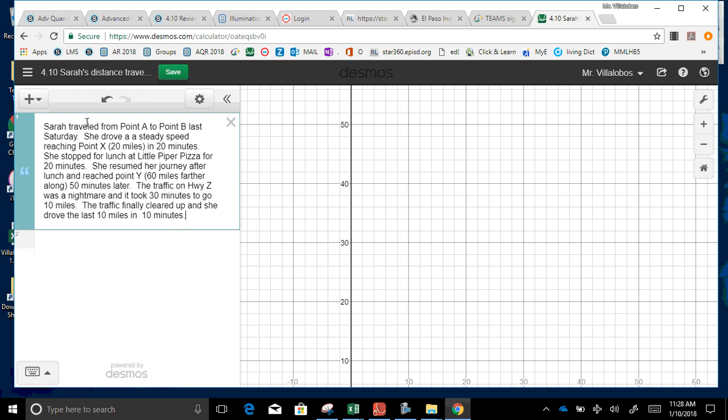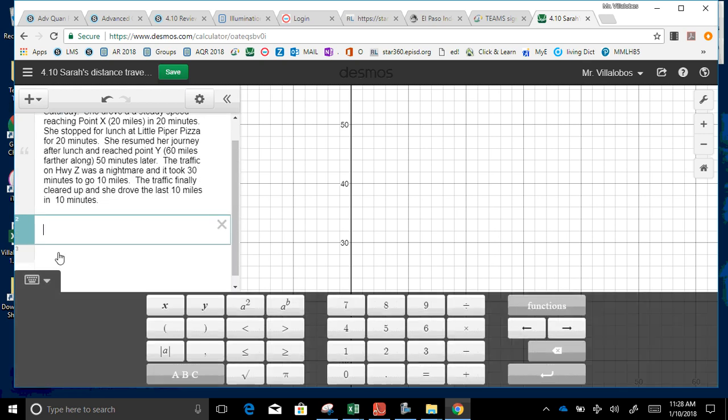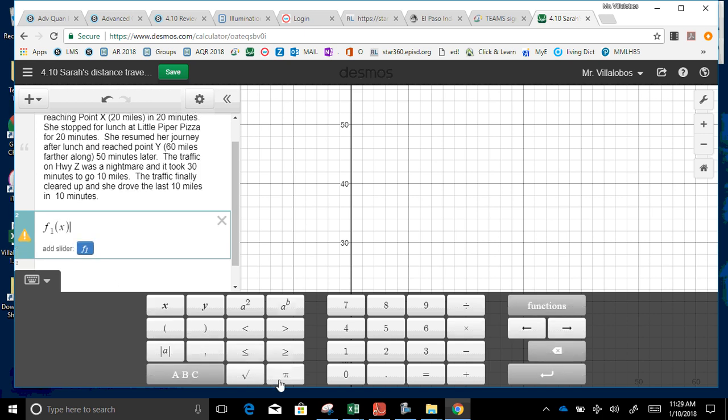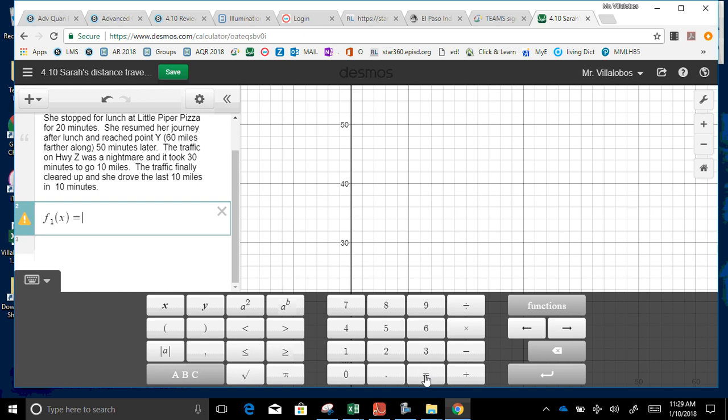Okay. So we have to draw a piecewise function and have 5 pieces to draw. First piece, f1 of x equals x.